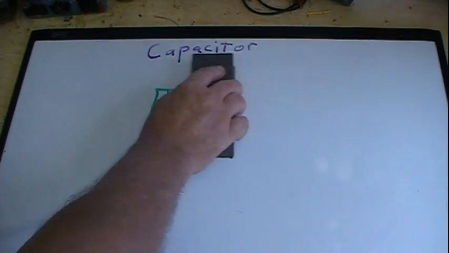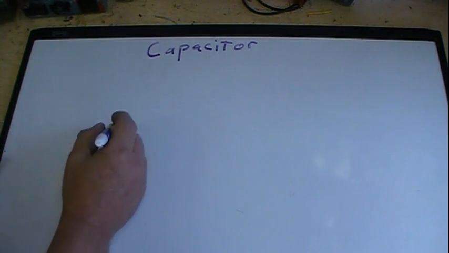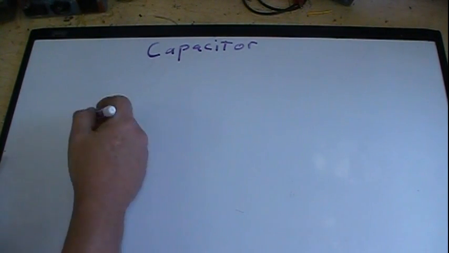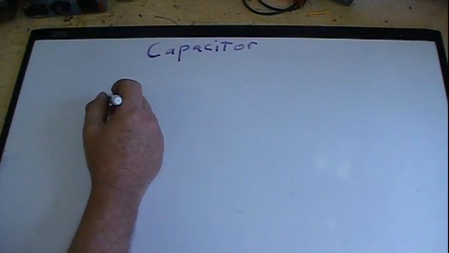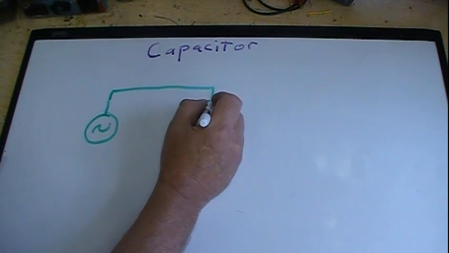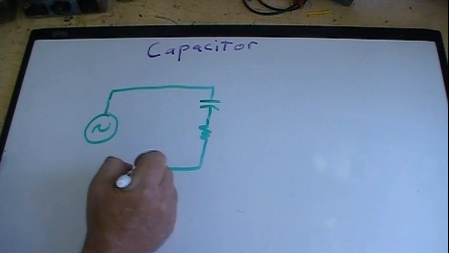Now, what happens if I create a circuit where I have a capacitor and a resistor? An AC line, generally the standard symbol for an AC generator or AC source, coming down to a capacitor, to a resistor, and back.